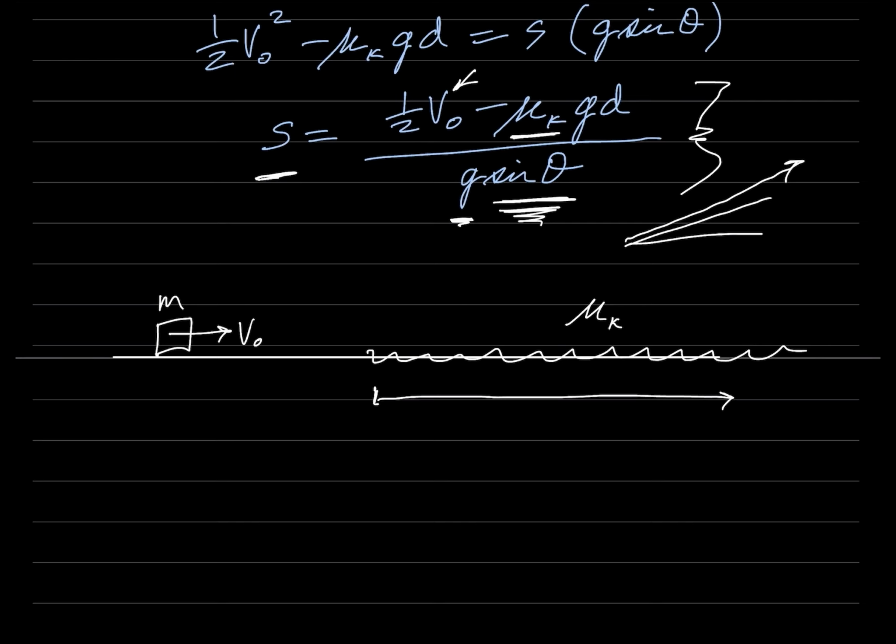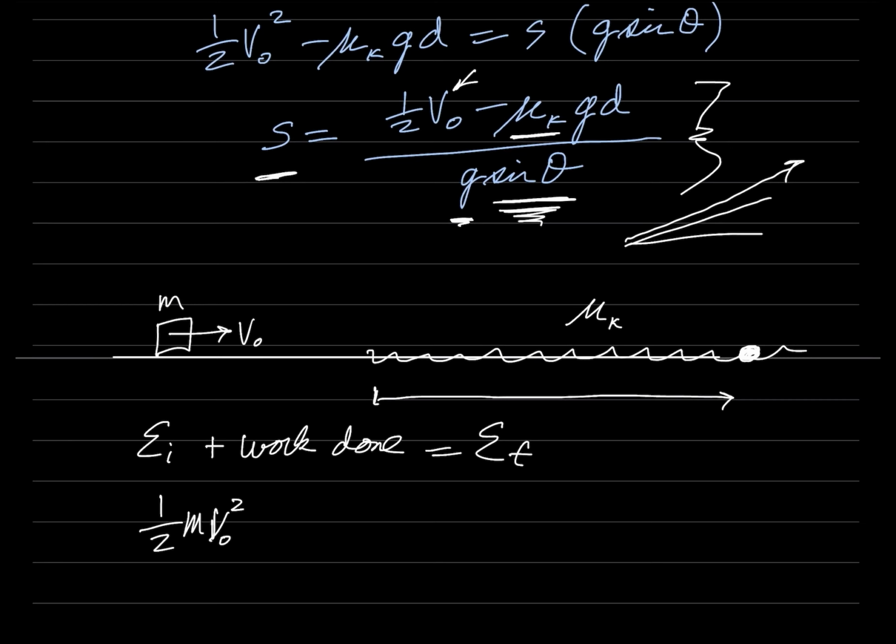In fact, I wasn't going to, but let's do it. The initial energy plus the work done from non-conservative forces equals the final energy. And the initial energy has no gravitational potential energy or spring potential energy. It has the kinetic energy. And the final energy is just 0 because it doesn't have any gravitational or spring potential energy and it's run out of kinetic energy.